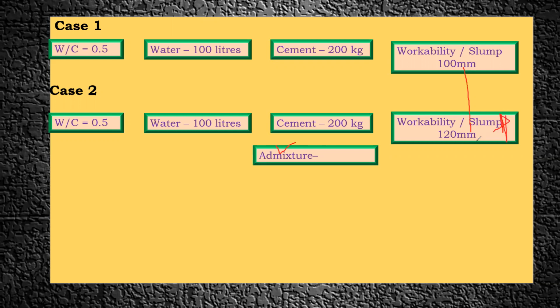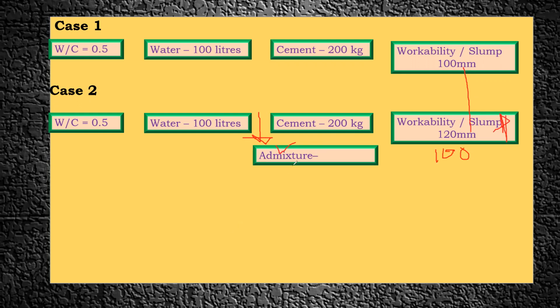So the admixture has increased the workability for me. Now let us say I don't want to increase the workability. Whatever 100 mm slump I'm getting is enough for me, and I don't want more than that. Again I ask the admixture, is there anything else you can do for me other than increasing the workability? For me, 100 mm workability is enough. Then the admixture tells me that the next time I make a mix, I should try to reduce the water content.